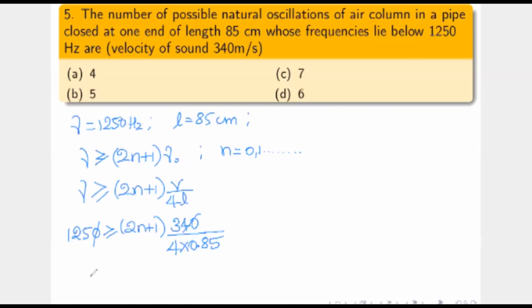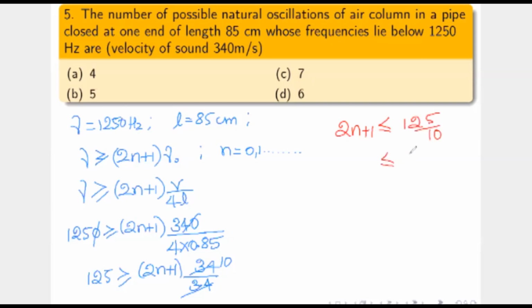So we have 125 greater than or equal to 2n plus 1 into 34 divided by 0.85 into 4, which is 3.4. So 3.4 once, 10 times. So what I get is 2n plus 1 less than or equal to 125 by 10.